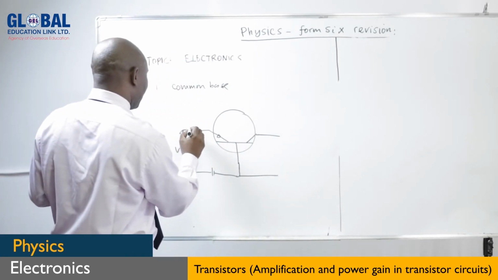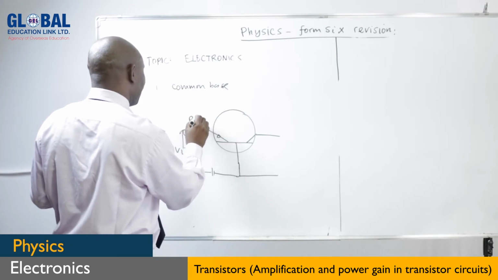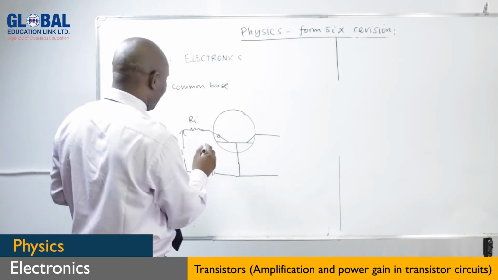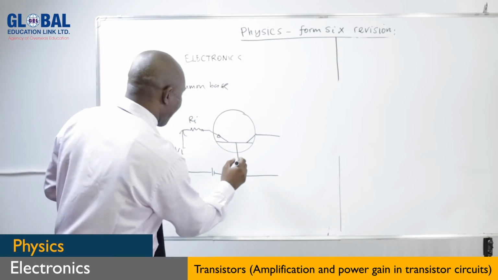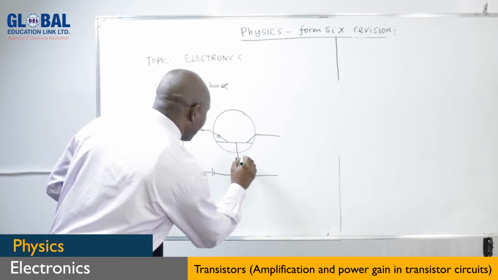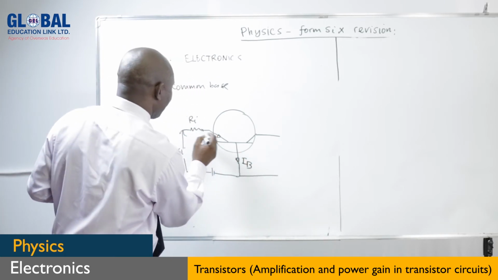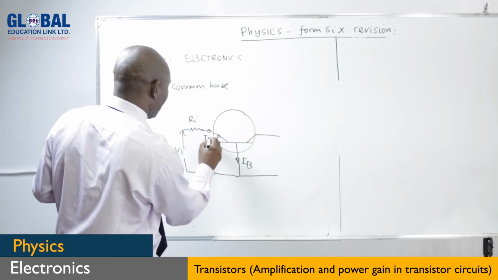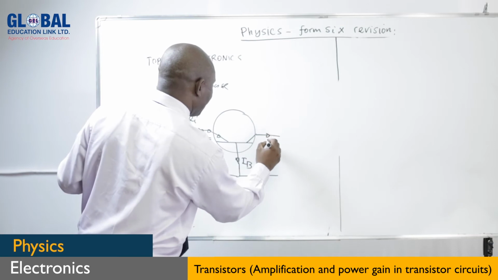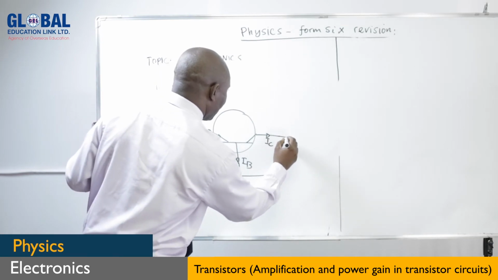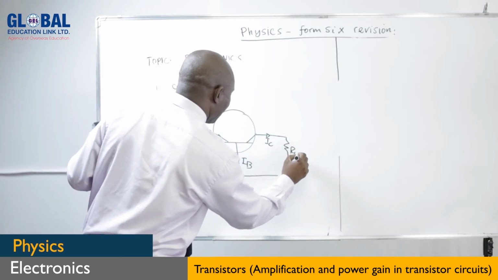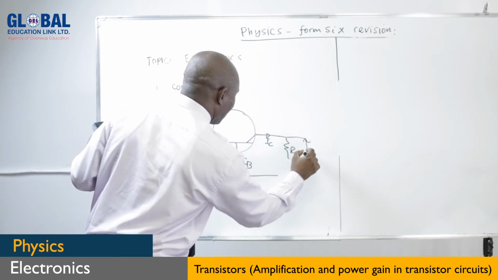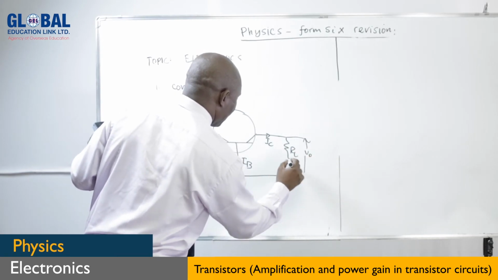This is the input resistor, which is connected here. This is our base current. Here we have the emitter current, and then we have the collector current. And here we have the resistor, where the output can be collected.